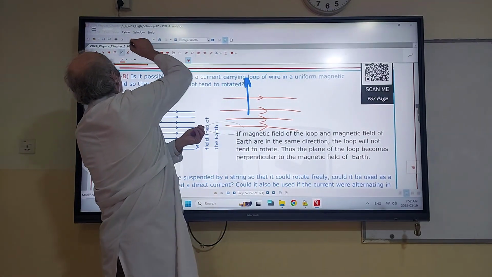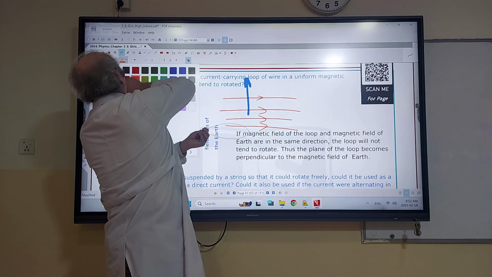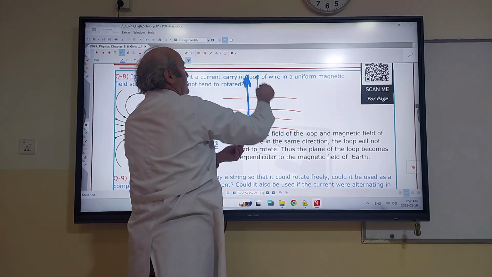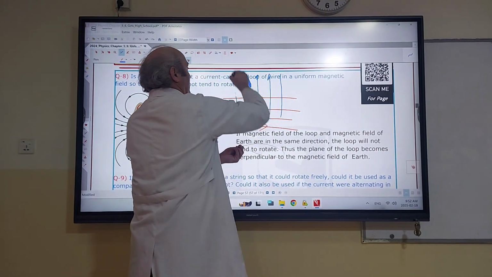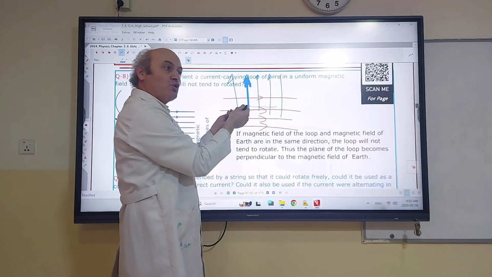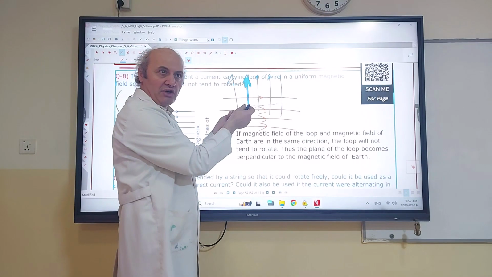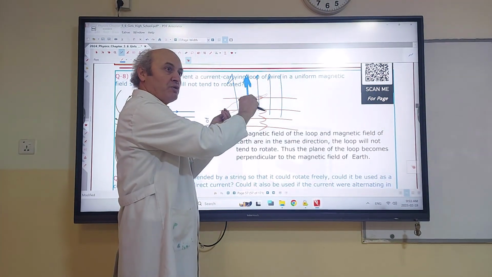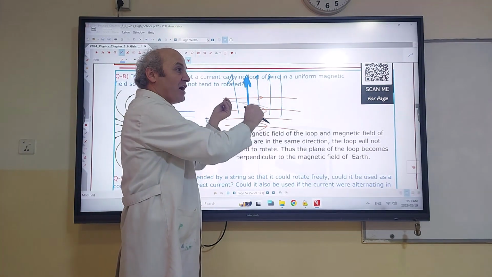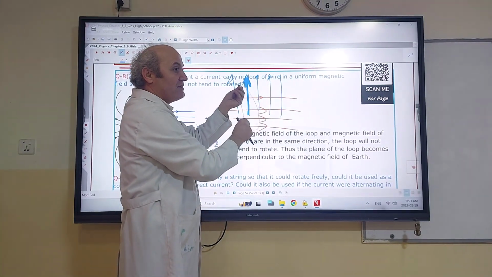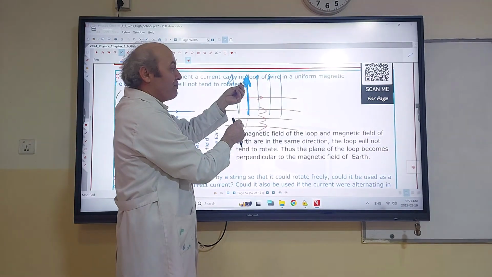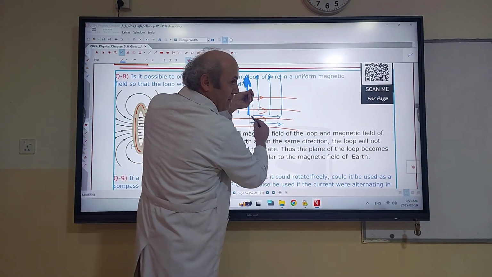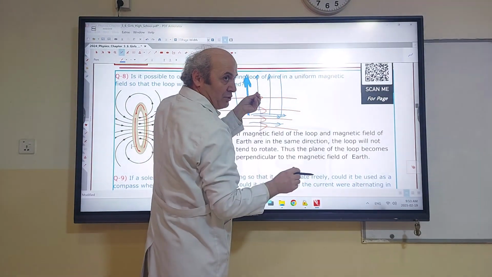So the loop's magnetic field is going to be perpendicular to the external magnetic field. Remember we said that no two magnetic fields want to cross each other. So one magnetic field should rotate. Of course, which is going to rotate? The loop will start rotating until the loop becomes perpendicular to the external magnetic field, and then the loop's magnetic field is in the same direction, so no rotation anymore.